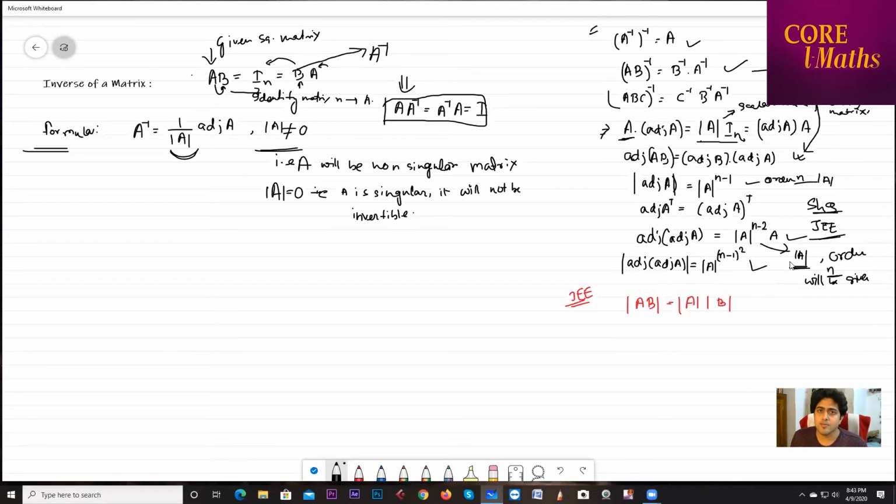You can directly apply the formula and find the value of adjoint of A.